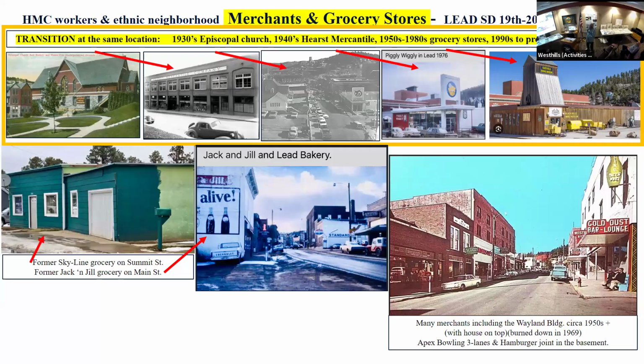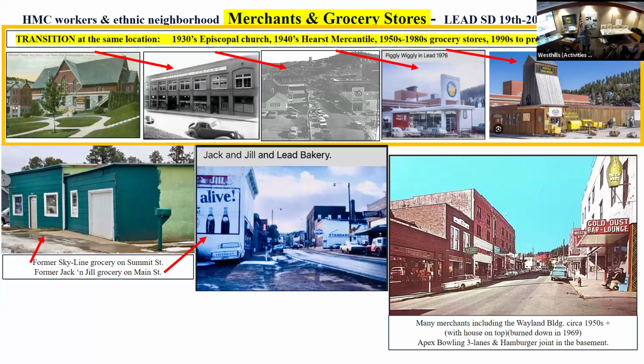Now here's the sequence of the location of the mining museum as it is today. It started out in the same location as the mining museum. So going back in time, Christ Church Episcopal was built on that site. A few years later, Homestake Mining Company decided to build the big Hearst Mercantile.